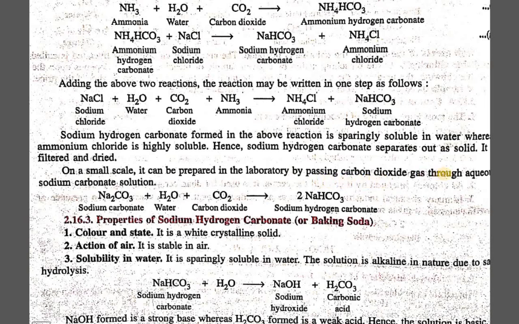By passing carbon dioxide gas through aqueous sodium carbonate solution. As you can see, sodium carbonate, Na2CO3, also commonly called soda ash, plus water and carbon dioxide forms sodium bicarbonate or sodium hydrogen carbonate. So this is the large scale production and this is the small scale production of baking soda.